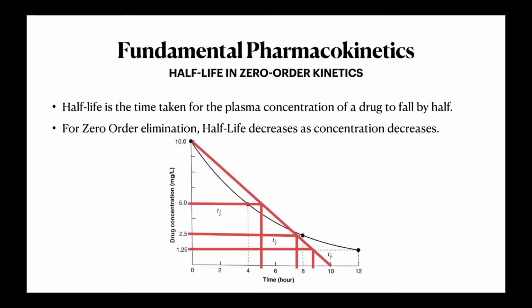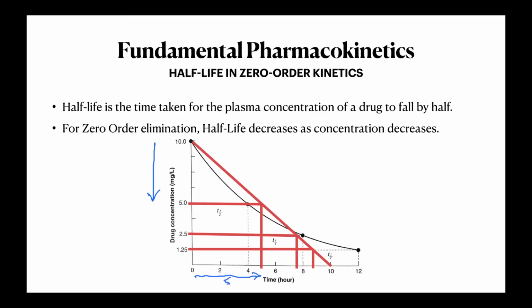What do I mean by that? So as your concentration decreases by half, so let's say we go from 10 to 5, you can see that the half-life here is 5 hours, okay?